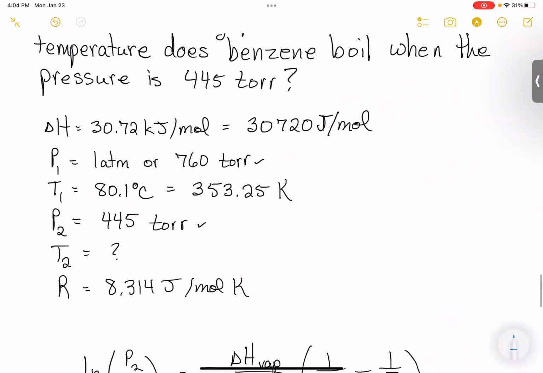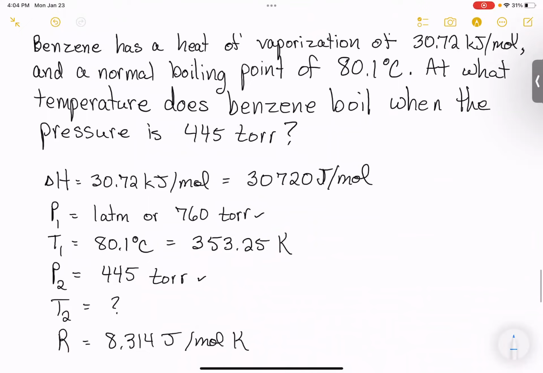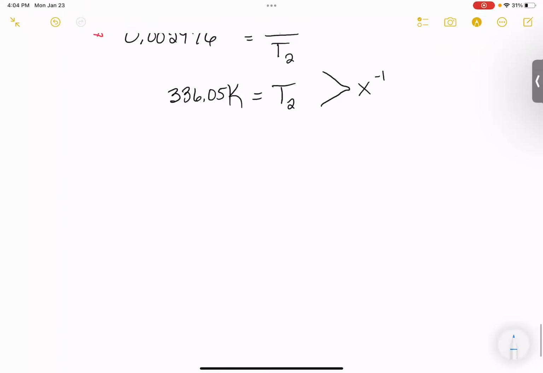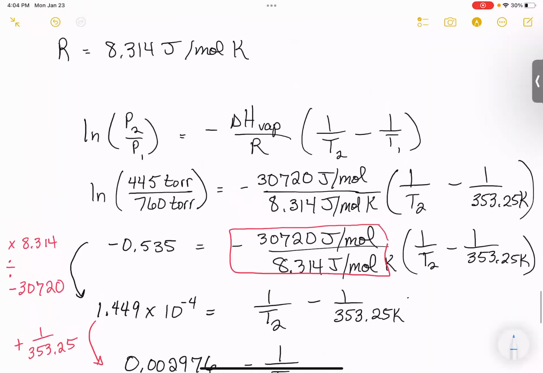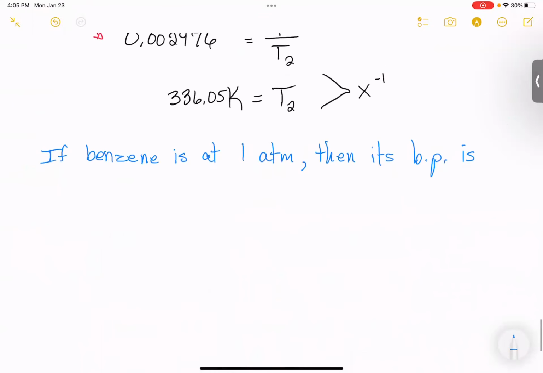It means that if benzene is at 1 atmosphere, then its boiling point is 80.1 degrees Celsius.